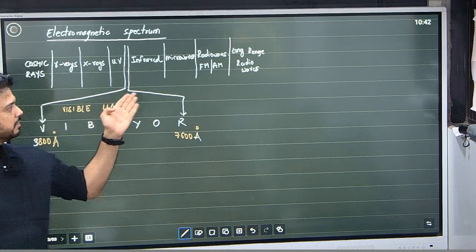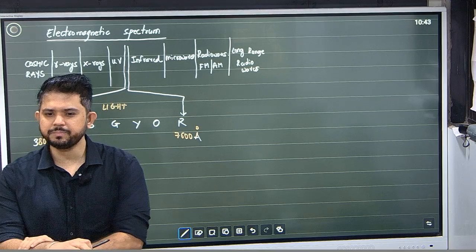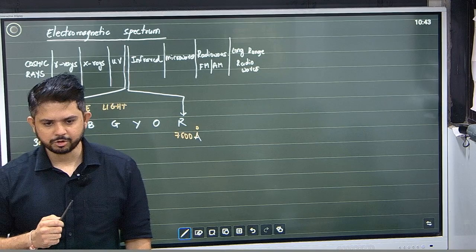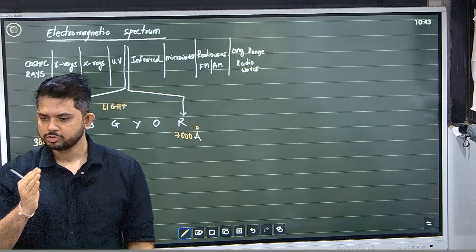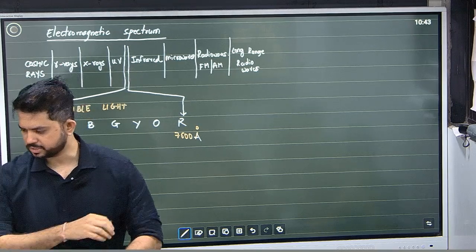And then we have infrared, then microwaves, and after that it's all radio.